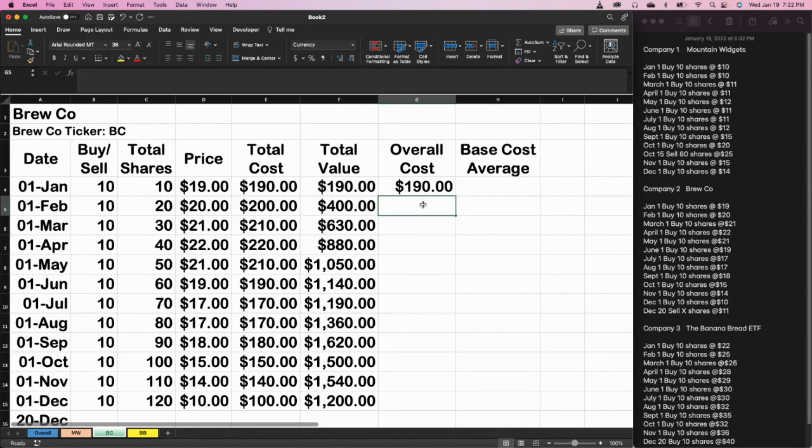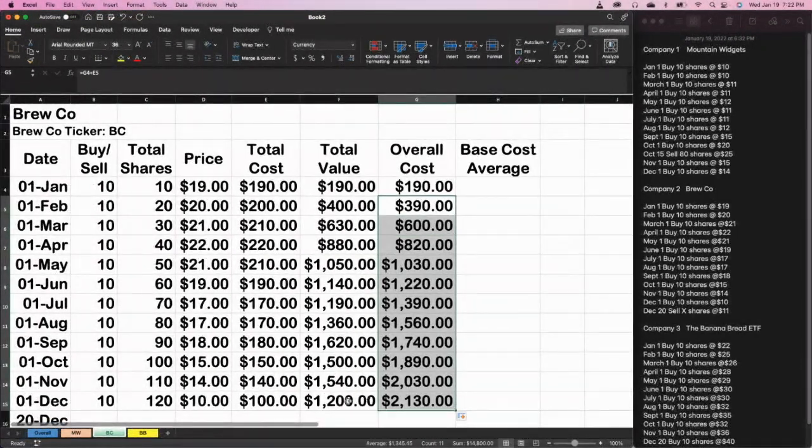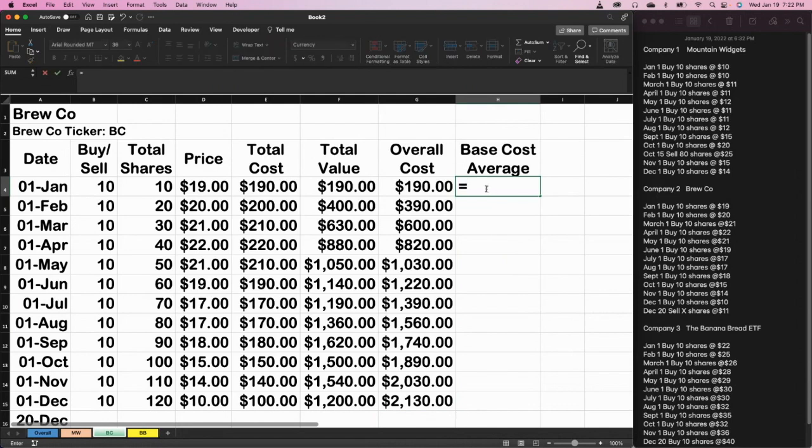And this is going to be equal to the previous one plus the new one right there. You can see we're definitely not in a win scenario with these guys. And our dollar cost average is simply our overall cost divided by our total number of shares.